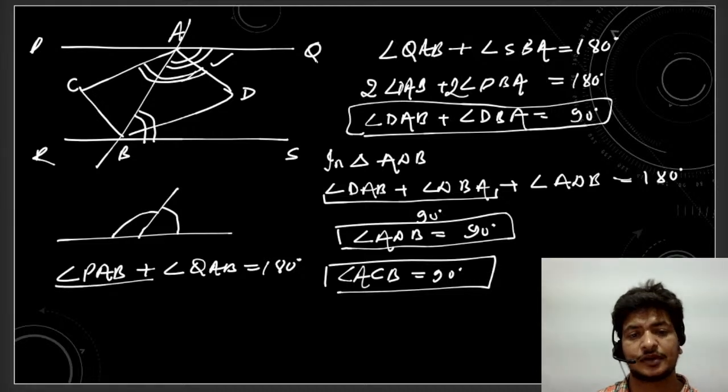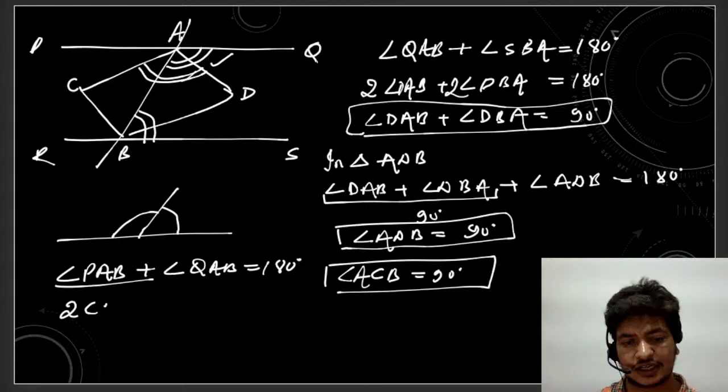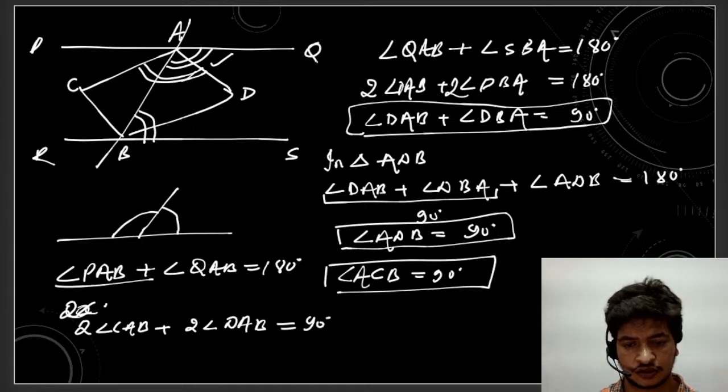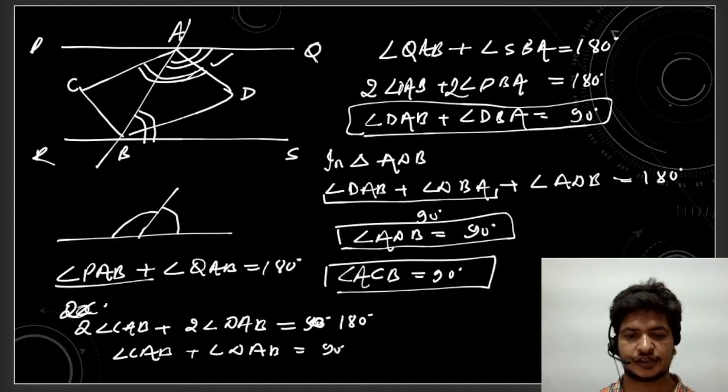PAB can be written as 2 times angle CAB plus 2 times angle DAB, that is equal to 180 degrees. I can write this as angle CAB plus angle DAB is equal to 90 degrees.